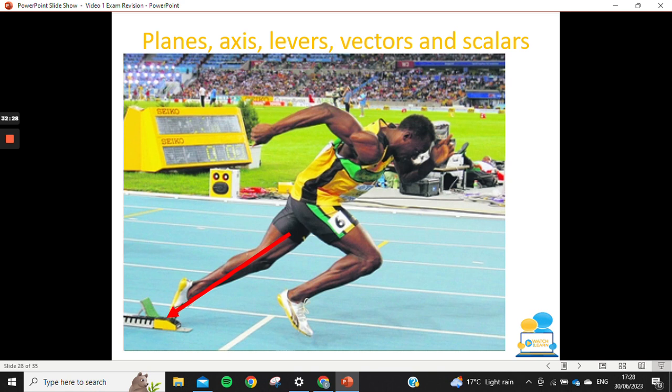So if we look at the arrow here, that is the direction in which the force is being applied. As you can see, the sprinter here in this picture is moving in the opposite direction to the arrow. So again, the sprinter is accelerating relative to the force that they're applying into the blocks and in the direction that the force is being applied.